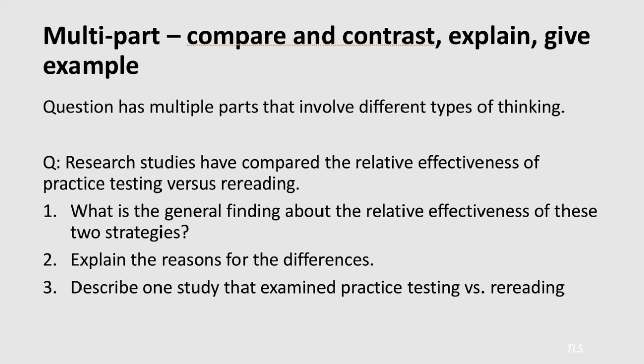Here's an example. Research studies have compared the relative effectiveness of practice testing versus rereading. What is the general finding about the relative effectiveness of these two strategies? Second, explain the reasons for the differences. And third, describe one study that examined practice testing versus rereading.